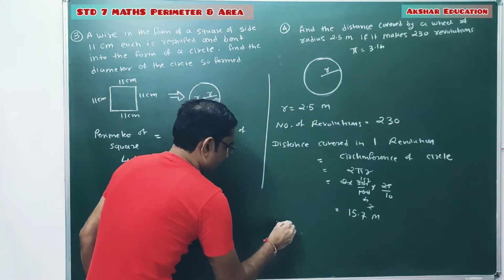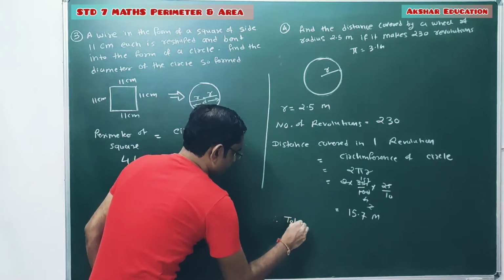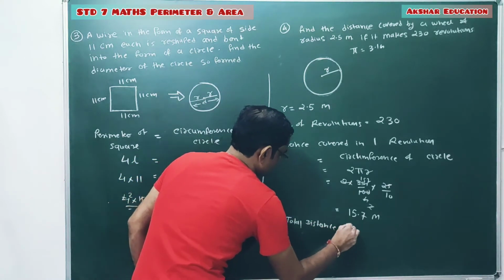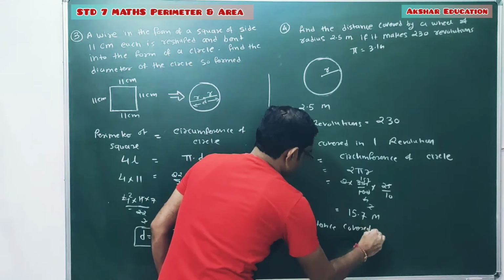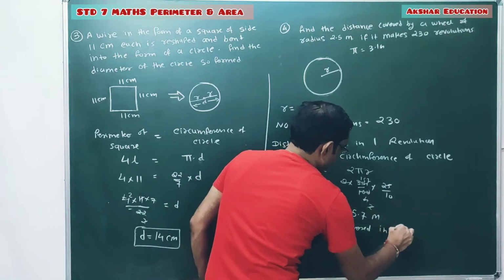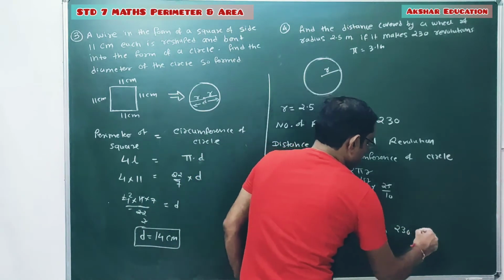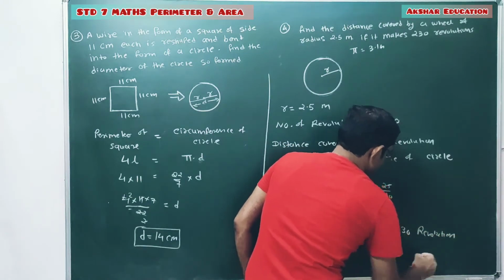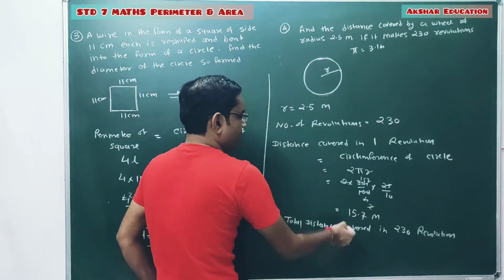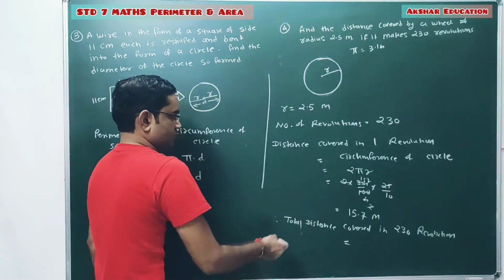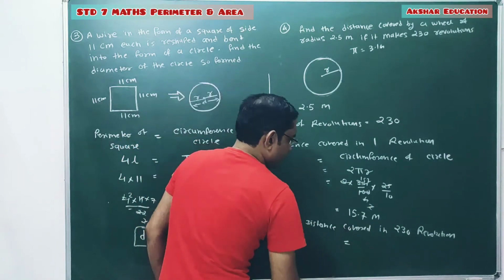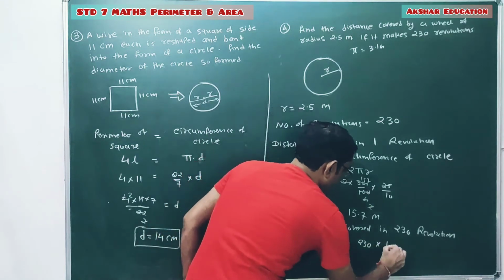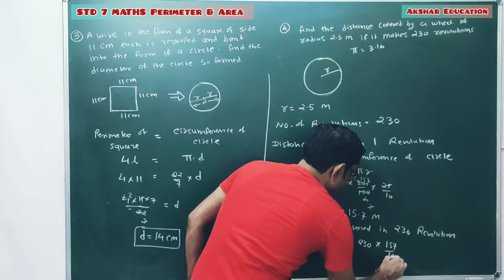Total distance covered in 230 revolutions. The distance covered in 1 revolution is 15.7 meter. So the total distance covered in 230 revolutions will be 230 multiplied by 15.7, which is 157 by 10.